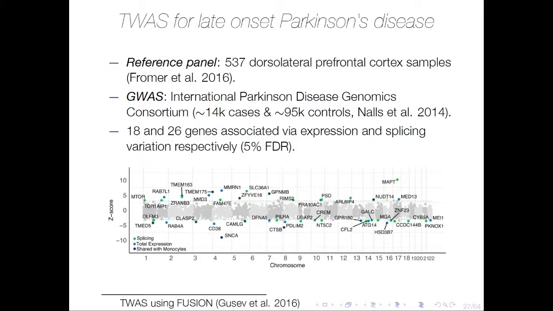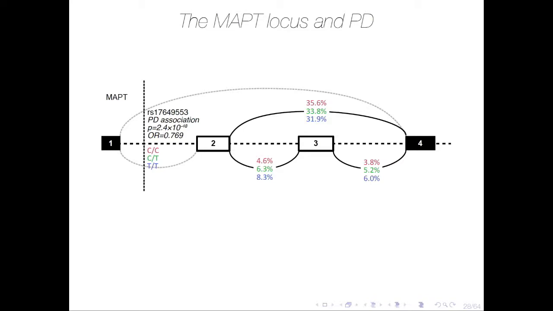It actually turns out that it's not exon 10. It seems like it's exon 3. So the most strongly associated genetic variant with both splicing outcomes and Parkinson's disease for MAPT is this SNP in the intron between exon 1 and exon 2.